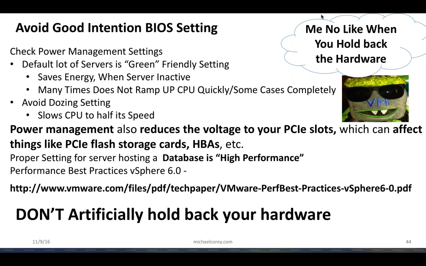And so physical hardware limits affect the virtual environment. If you only have 32 gig in the system, even though you can overcommit memory, you still only get 32 gig at one point. If your power management is set to energy conserve, it can affect things like your PCI slots and flash storage and your HBAs. You want to make sure that you don't artificially hold back your hardware. And in fact, there's a great paper that helps you with things like this.